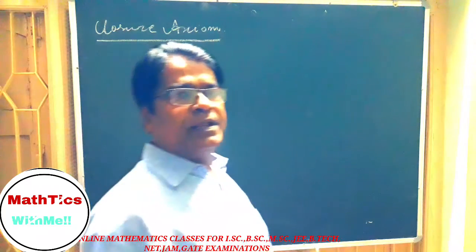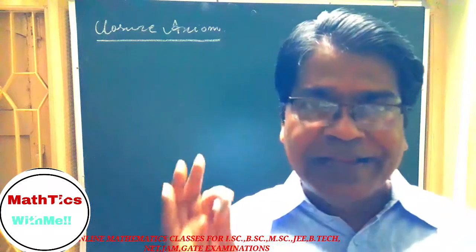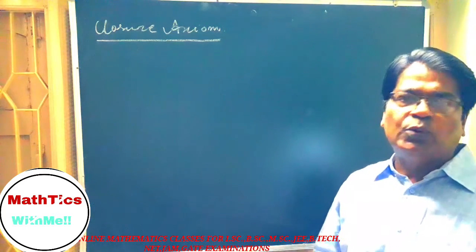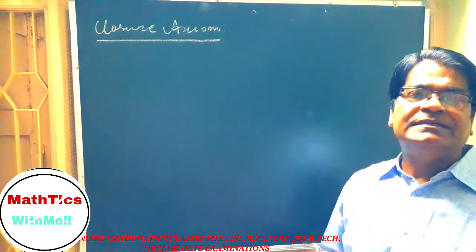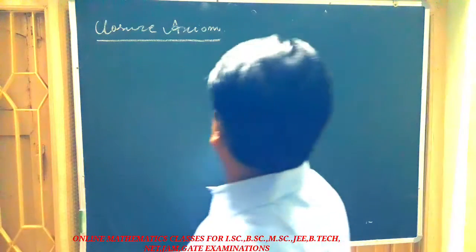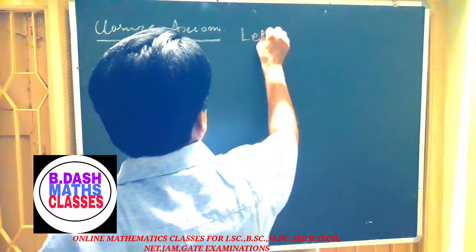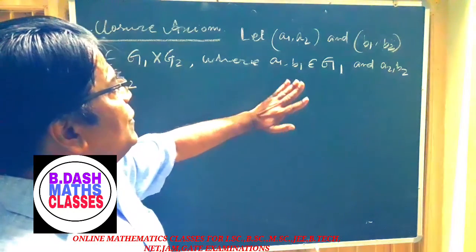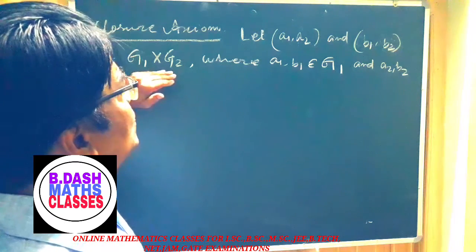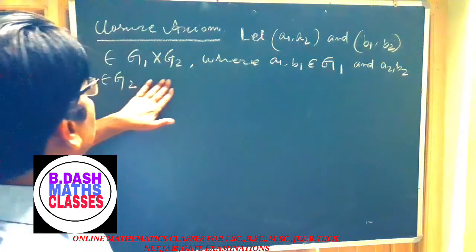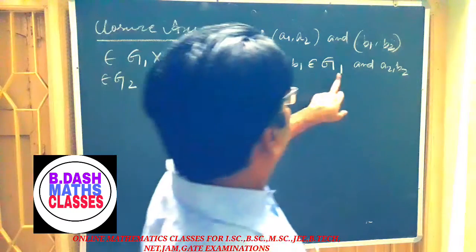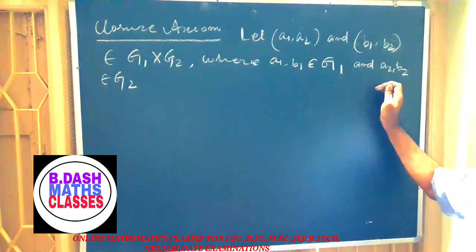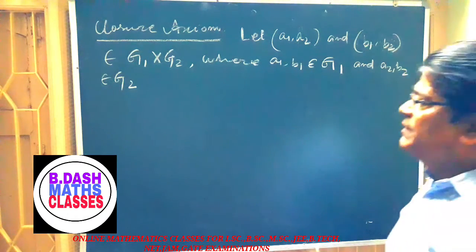In this property, we have to choose two elements from G1 cross G2 and show their product is in G1 cross G2. So let us take two elements: (a1, a2) and (b1, b2) belong to G1 cross G2, where a1, b1 belong to G1 and a2, b2 belong to G2.